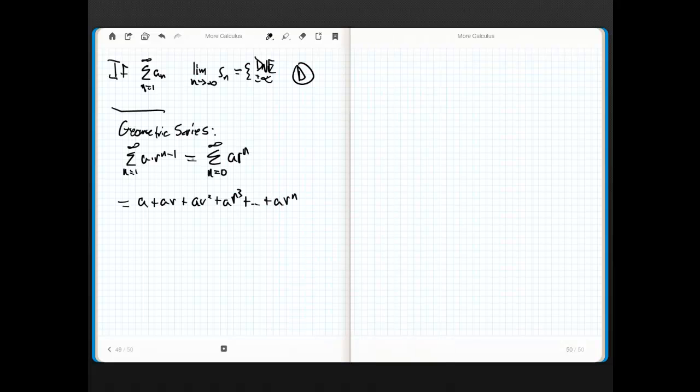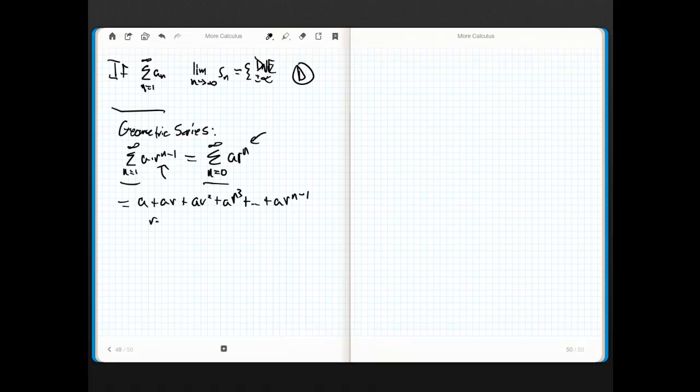Now, we have to be careful. Notice, it's ar to the n if I use this one. It's ar to the n minus 1 if I use the other one. So you really do have to orient yourself. It really doesn't matter which way you choose, but where you start affects that first term.